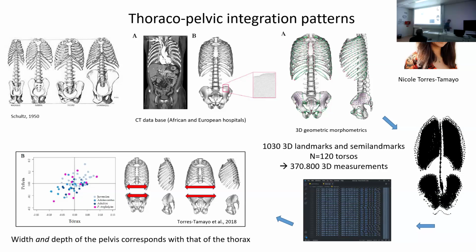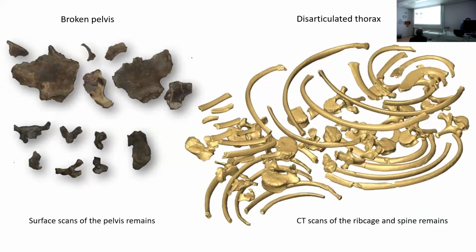And therefore, if we do not have a correctly reconstructed pelvis, we have the possibility to estimate body shape from the thorax. But that means that we have to build together the thorax. Here you can see on the one hand the already known fragmented pelvis, but the CT scans of the thorax show that this is fairly well preserved, except for some missing elements and minor breakages.